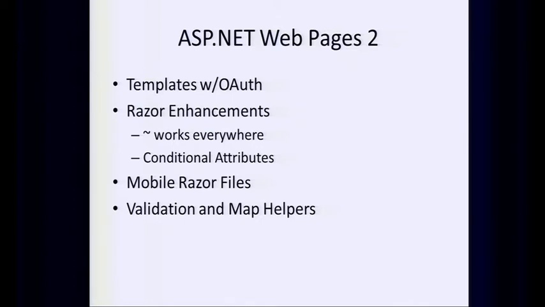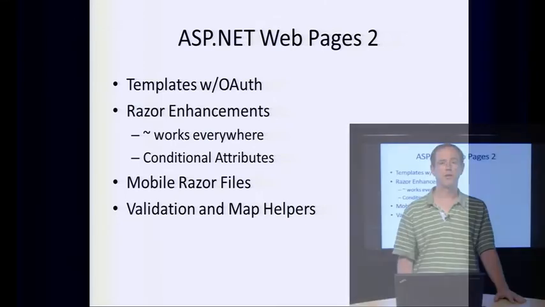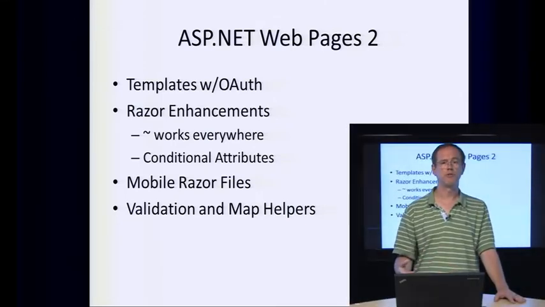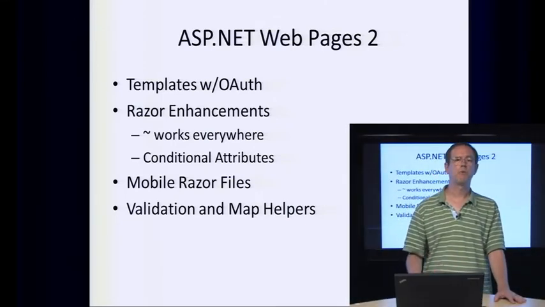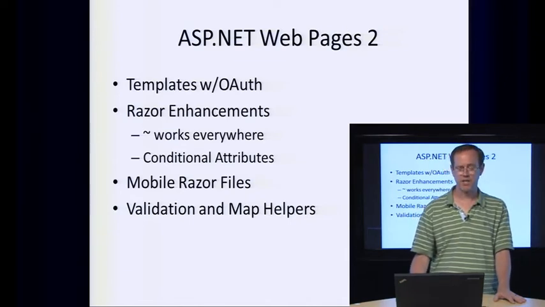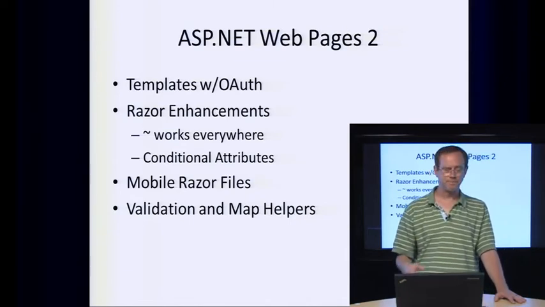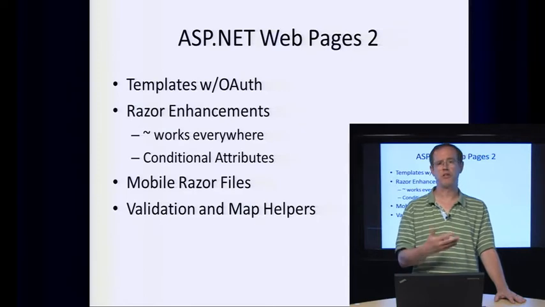As we were looking at vNext, we see almost everybody's got a smartphone today, and a lot of websites now target not only desktop sites but mobile sites. So we started thinking, how can we build that functionality into our framework? And so what we did is, when you create a CSHTML file, you can now create a mobile.CSHTML file as well.